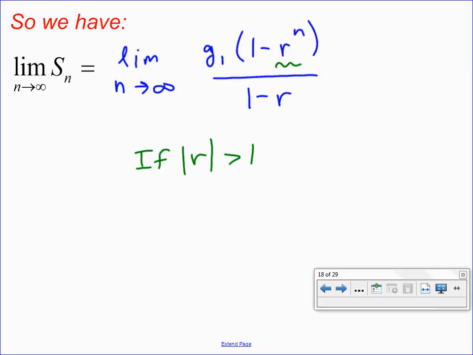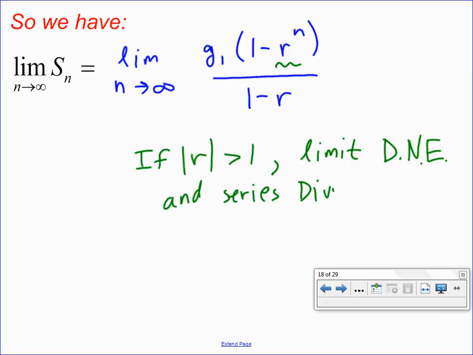If r is greater than 1, then this quantity is going to balloon and I will end up getting an infinite expression over a constant, and that does not exist. And so the series will diverge, and we say the series diverges.